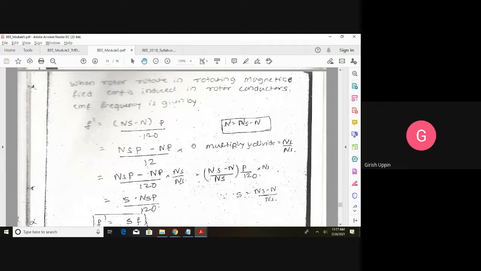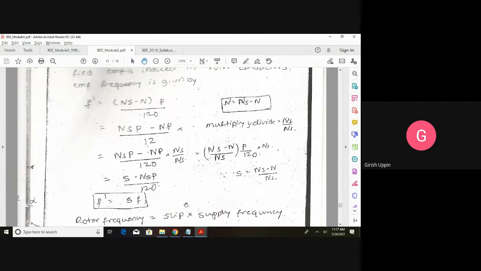We multiply both numerator and denominator by Ns, restructuring this as (Ns minus N) divided by Ns, into P into Ns divided by 120. We know that (Ns minus N) divided by Ns is nothing but the slip. So slip into Ns into P divided by 120.